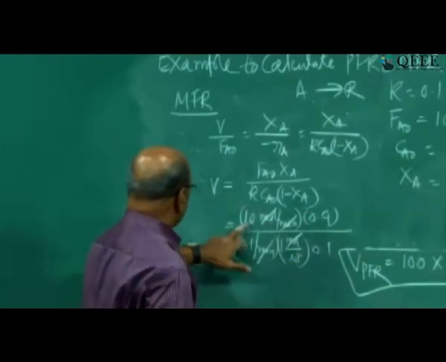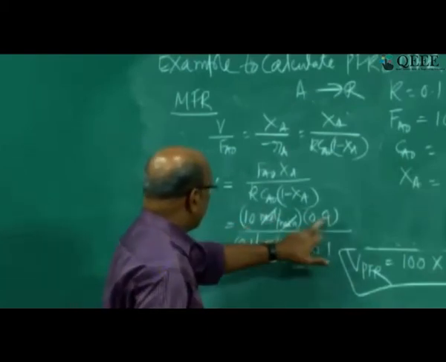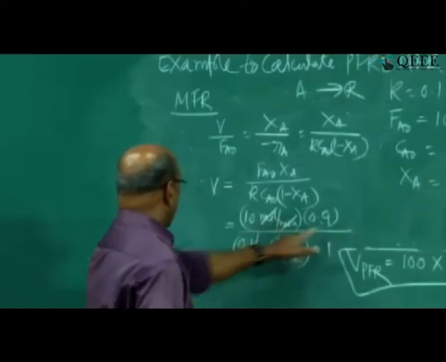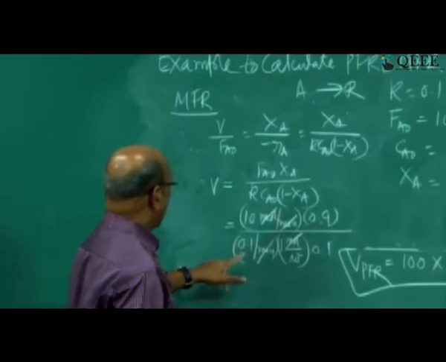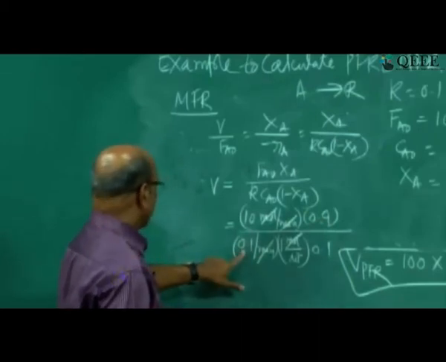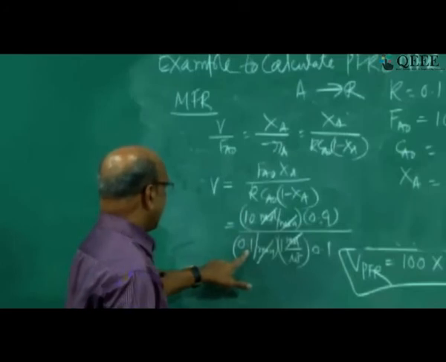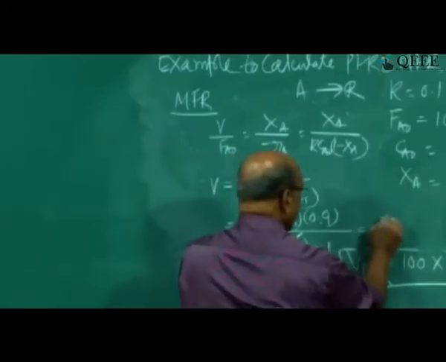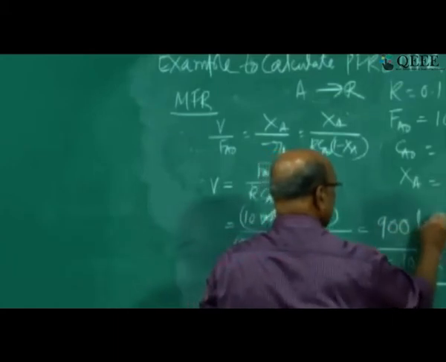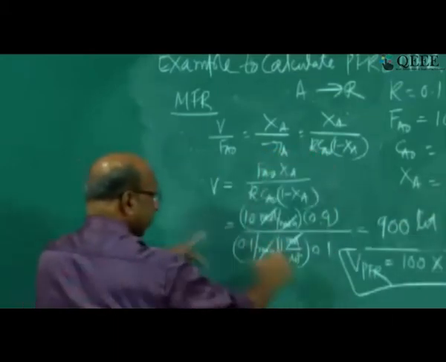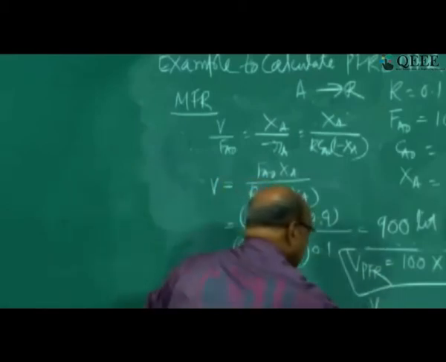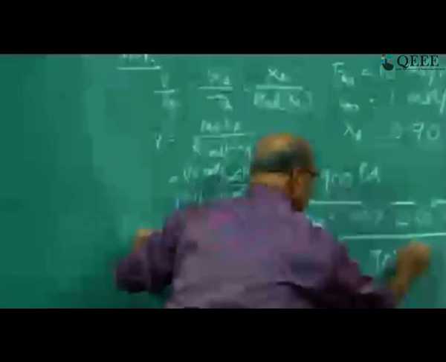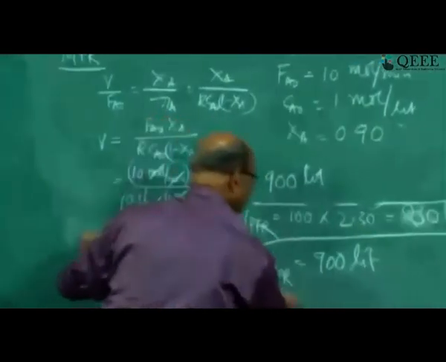Now we see this is 10 times 0.9, so this is 9, divided by 0.1, so that is 90 divided by 0.1, so 900. So the volume is 900 liters. So VMFR equal to 900 liters.